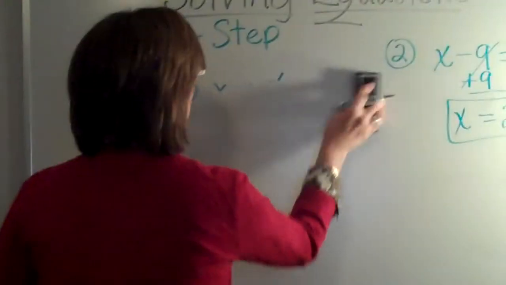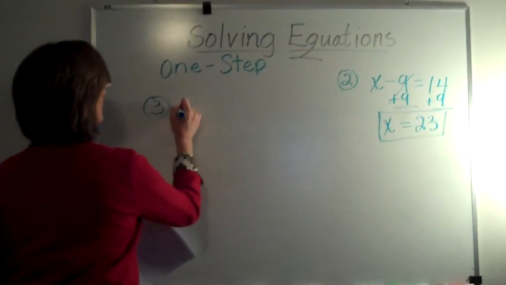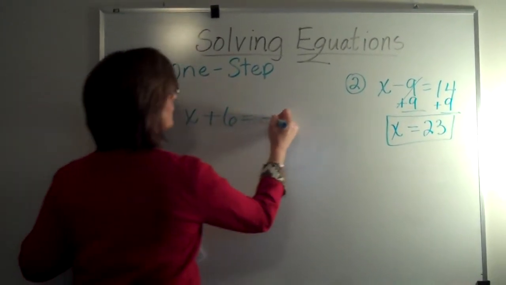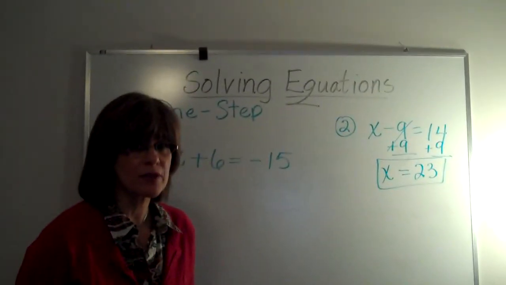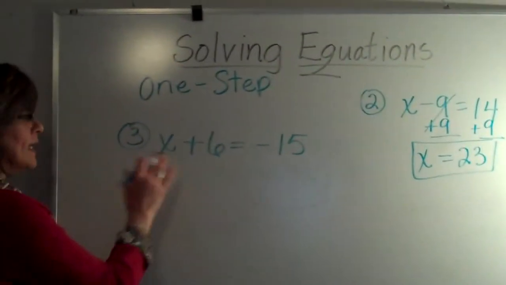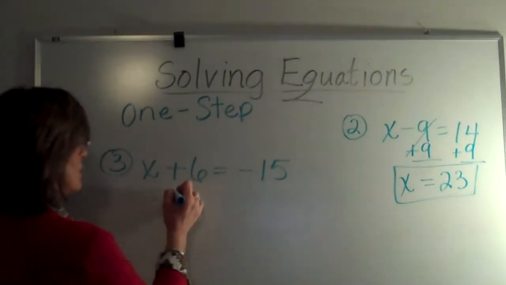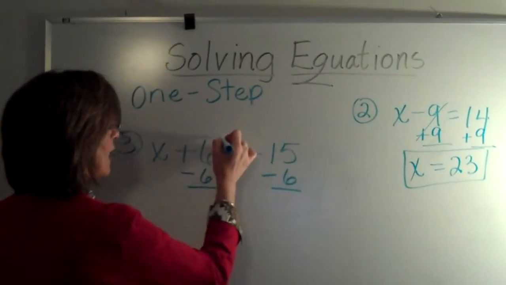All right, the next one, number 3. x plus 6 equals -15. Now this is where 7th graders get confused. We want to isolate x. We want to do that by getting rid of plus 6. So we do minus 6 on this side and this side.